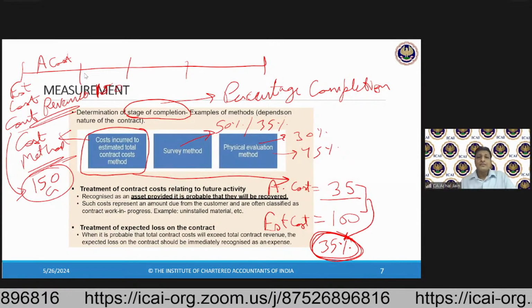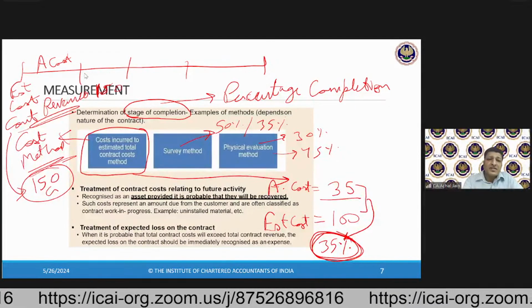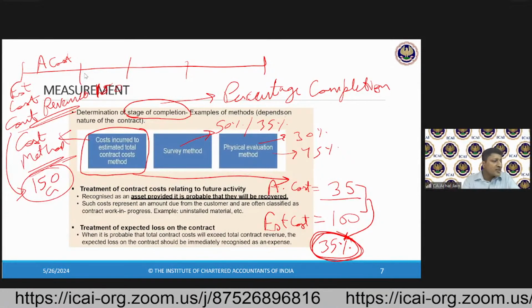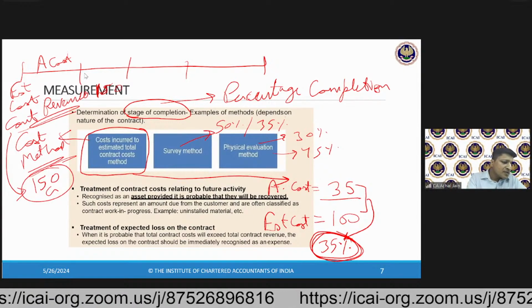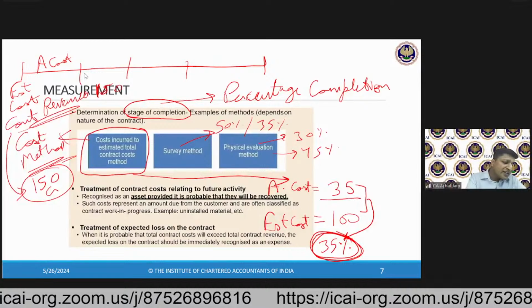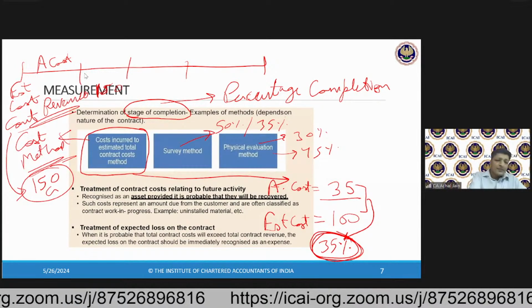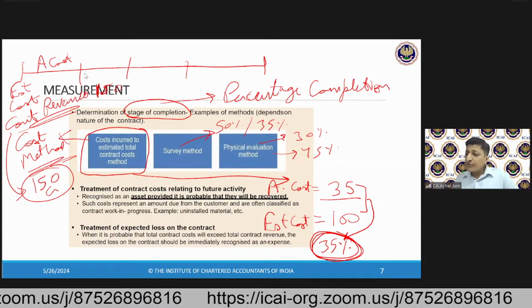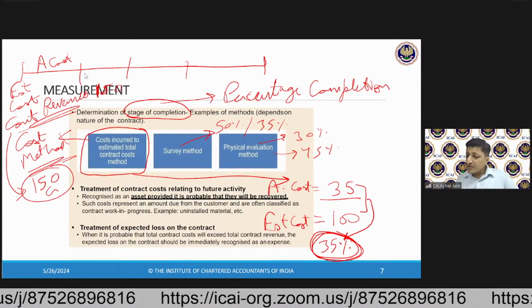Okay, Pooja is saying 150 into 35%. Very good. So Ritika is saying 47.25. Yes. What about others? Quickly solve this and let me know. So what is going to be the amount of revenue which the company will recognize in the first year?